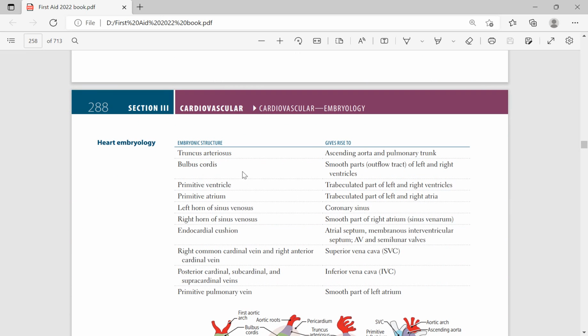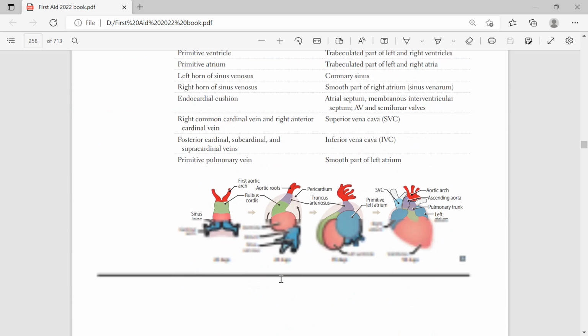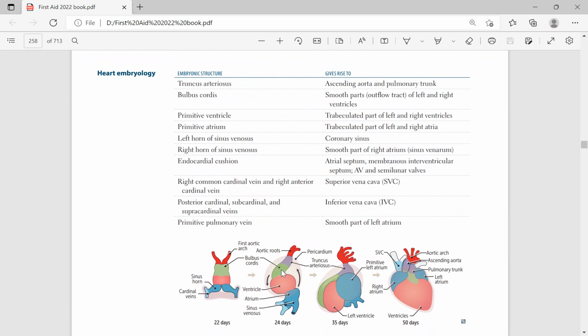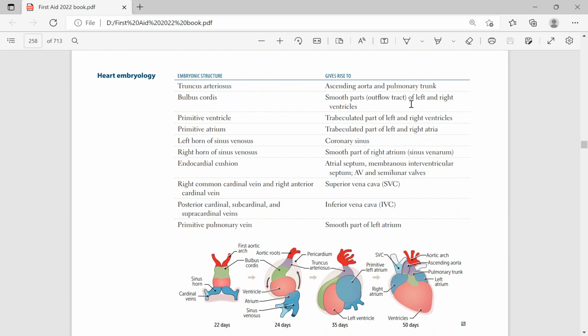Embryonic structures and their derivatives. The truncus arteriosus gives rise to the ascending aorta and pulmonary trunk. The bulbus cordis gives rise to the smooth part of the left and right ventricle. Primitive ventricle, trabeculated part of the left and right ventricle.